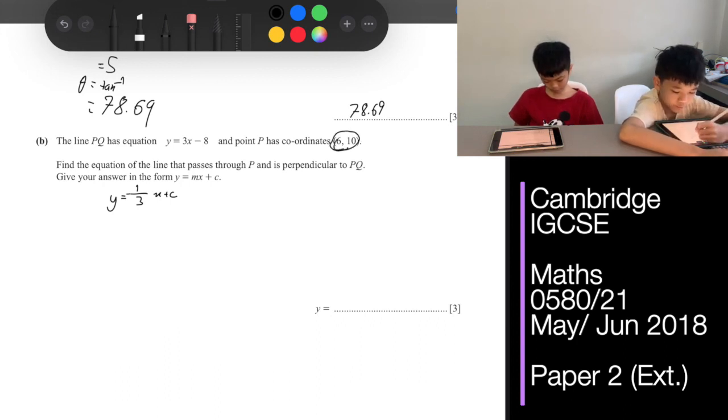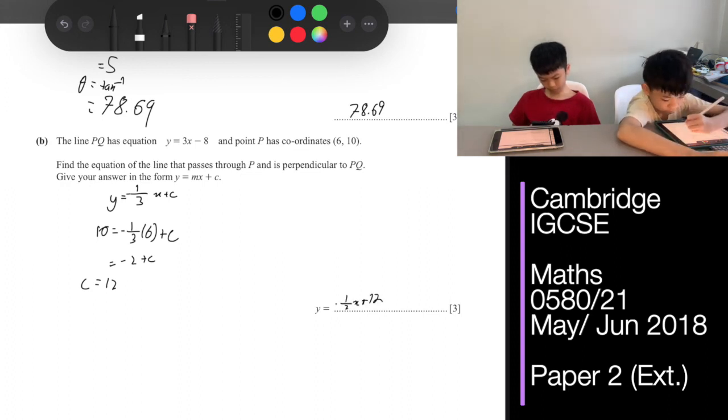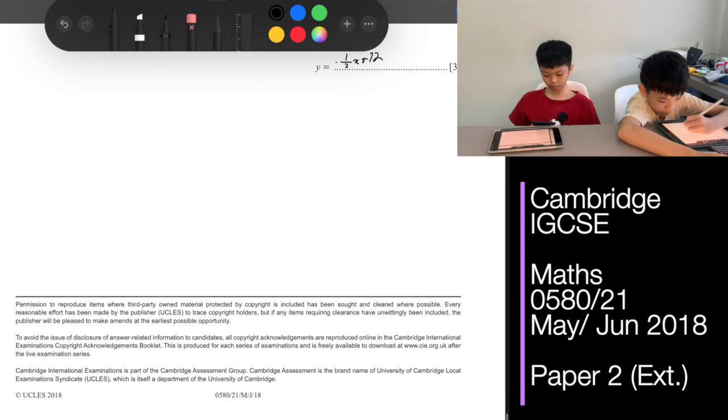So we'll substitute x and y with this point. So 10 equals negative 1/3 of 6 plus c, which is equal to negative 6 over 3, so negative 2 plus c. C equals 12. So y equals negative 1/3 x plus 12.